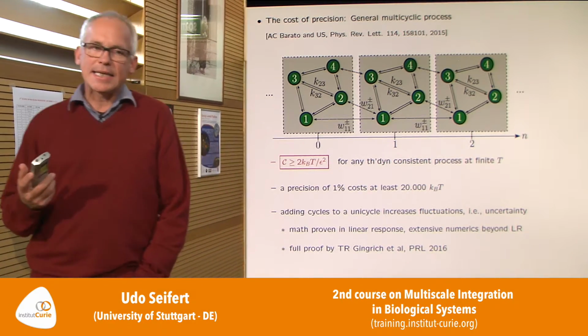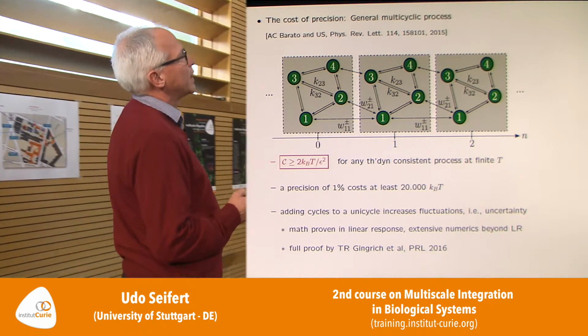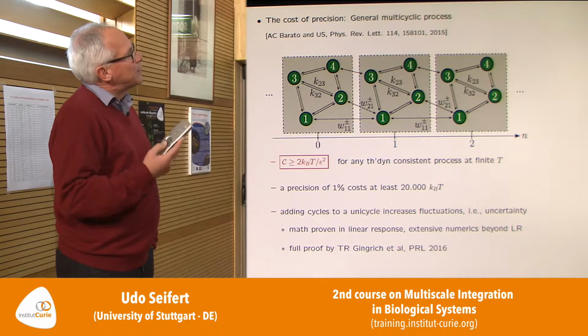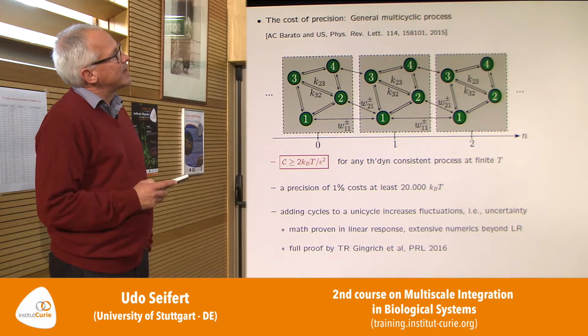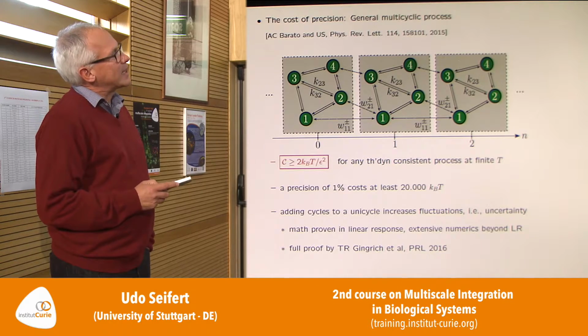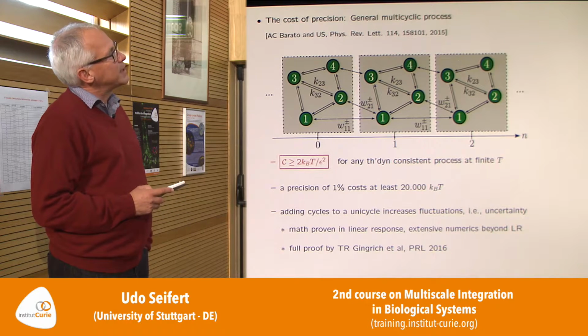So why is that unicyclic result also valid for multicyclic cases? The physics, in a sense, is that if you add more cycles, you basically increase fluctuations, i.e. the uncertainty, without really gaining much. I should say that we had proven it in linear response.